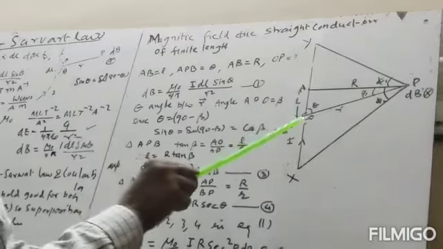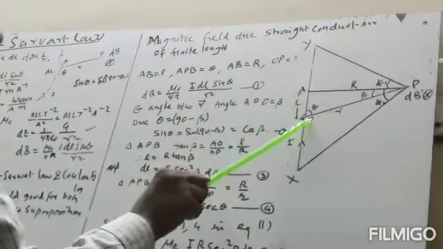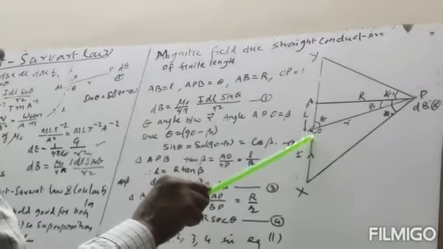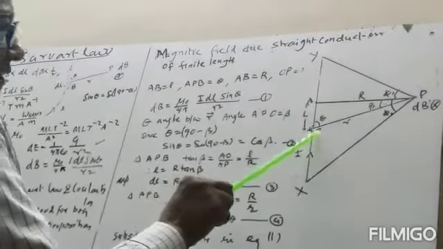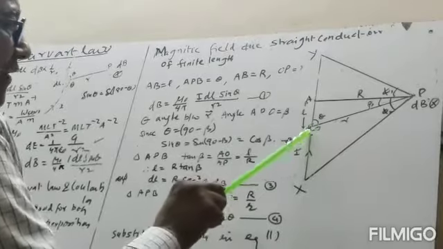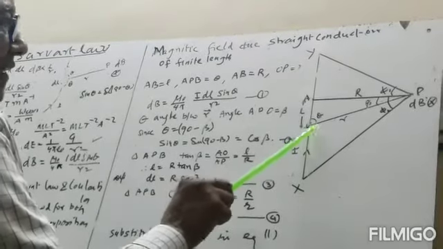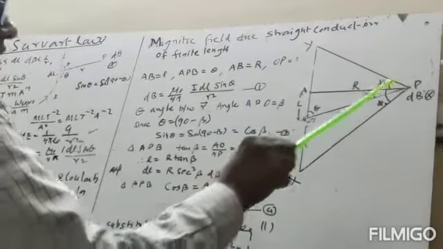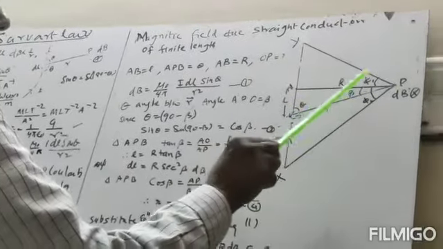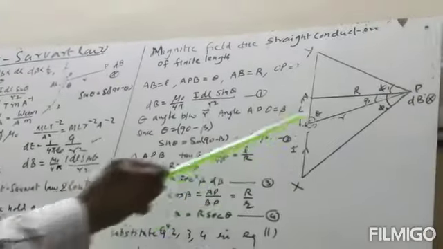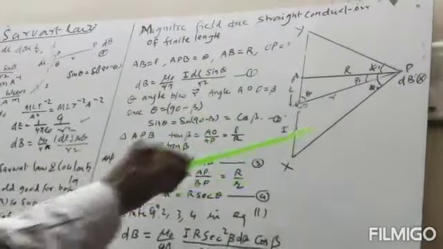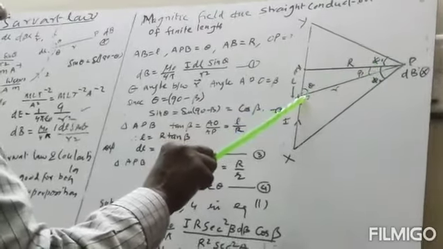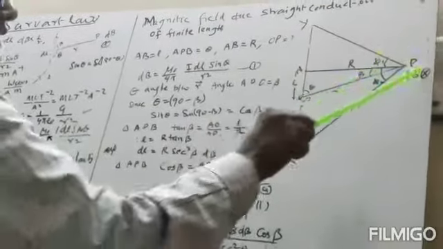So if we take any point B here, and this distance AB is equal to capital L or small l, and here we take a small element dl, and from the center of this dl, this distance is small r. Here AP is capital R. Capital R is the perpendicular distance from P on this straight wire, and here this angle is beta, and this distance from dl to P, that is BP, is small r.